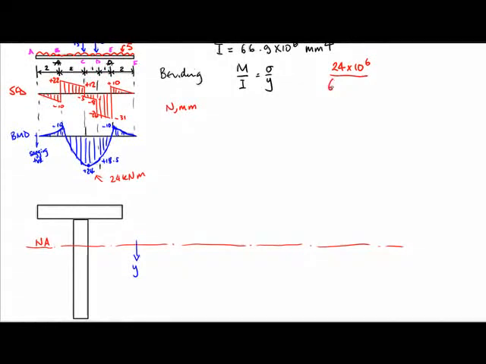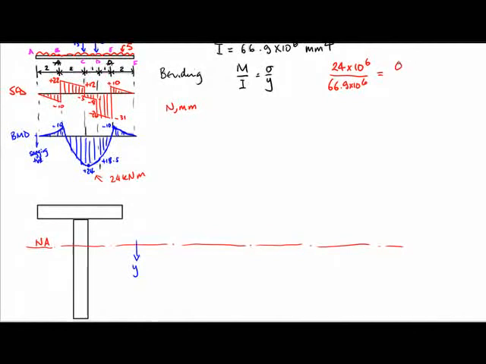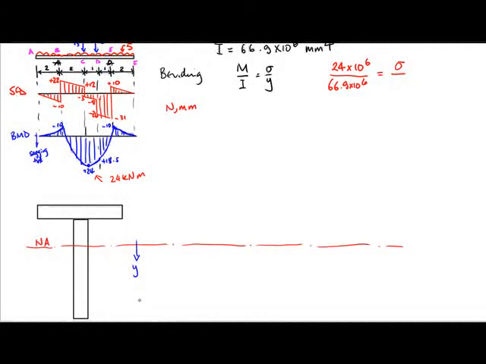I is 66.9 times 10 to the 6 millimeter to the 4, consistent with the millimeters there. Stress is what we want, and then y is what we put in.